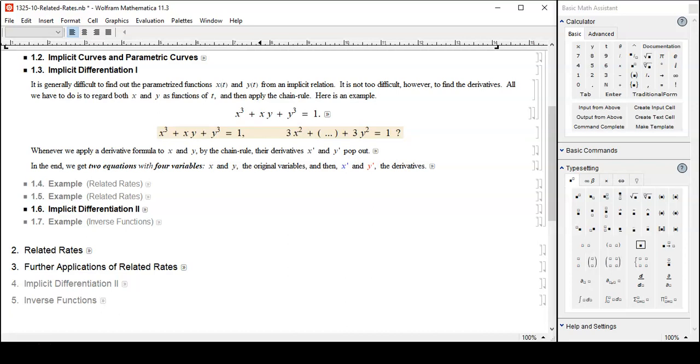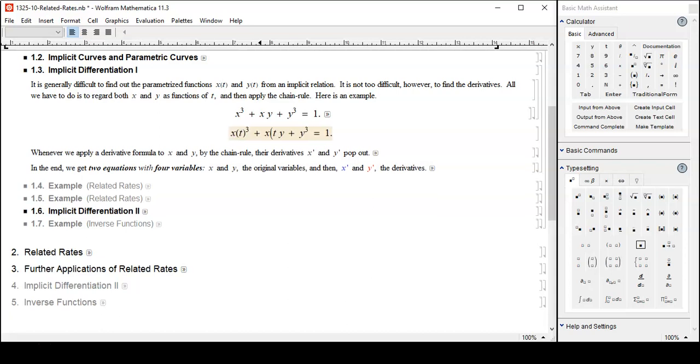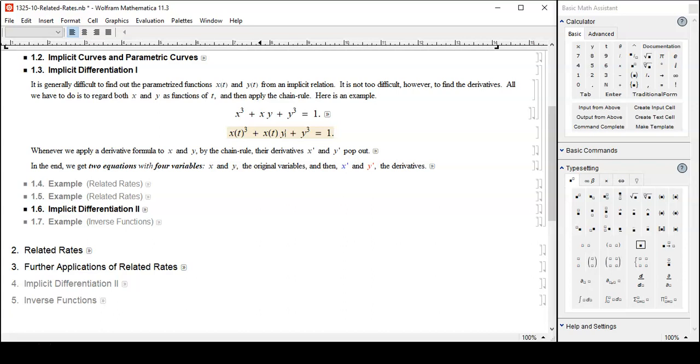Well, the key technique here is to realize both x and y are actually functions, x of t and y of t respectively. In other words, this one here is a shorthand of this: x of t cubed, x of t times y of t, and y of t cubed, like this.